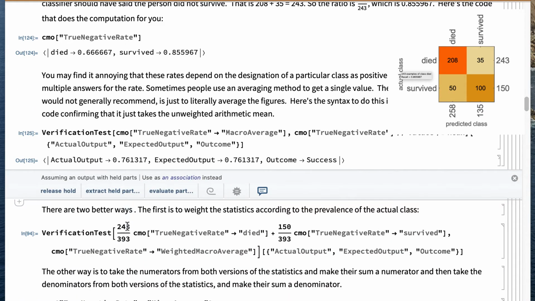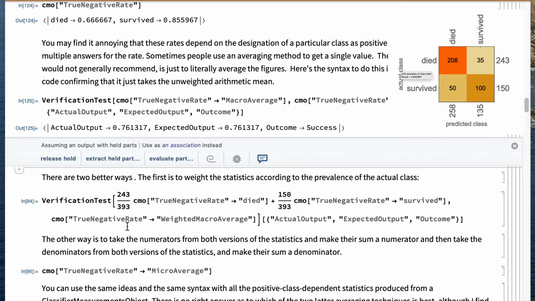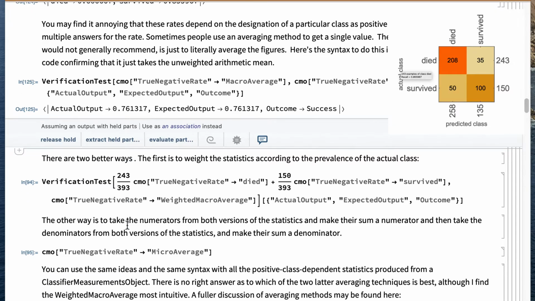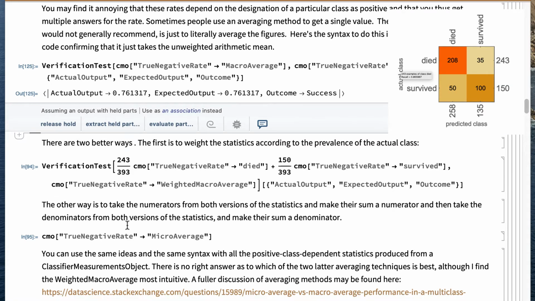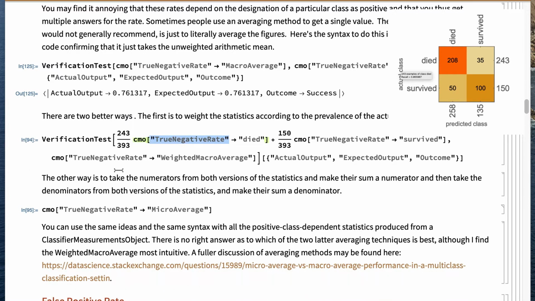Okay, there are 2 better ways to do it. Unfortunately, if you do it by hand, it does require a little bit of computation. The idea is to weight these values according to how many people are in each category. So there are 243 people who died, so let's weight the true negative rate for the died class by 243/393rds of the total, since there are 393 passengers in the test data, and we'll weight the survive by 150 because there are 150 people who survived.